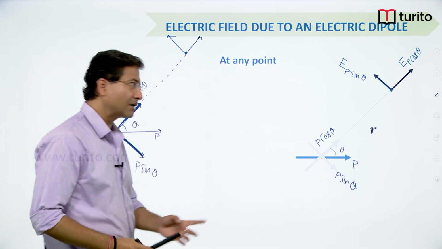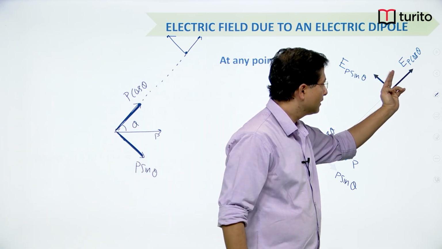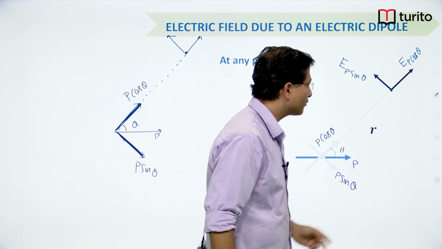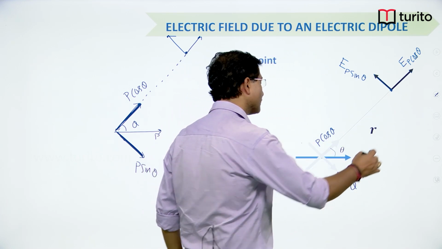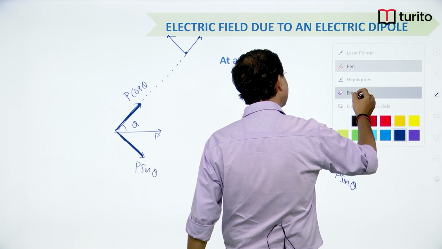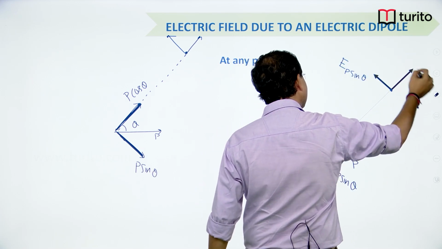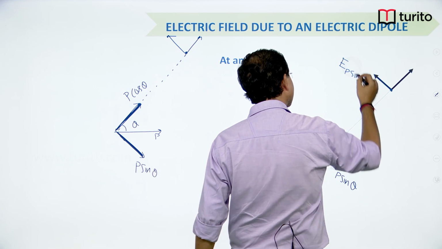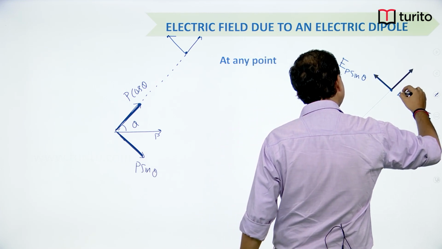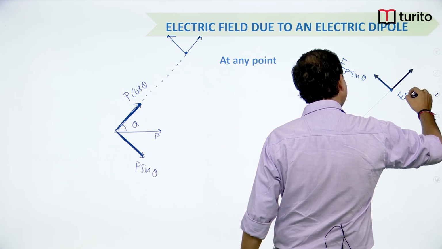If I add them vectorially, then I will get the net field at this particular point. So, let us add them vectorially. I will again write it here. This is E because of P cos theta.